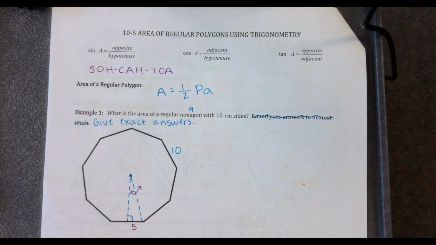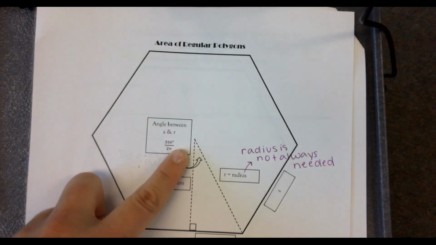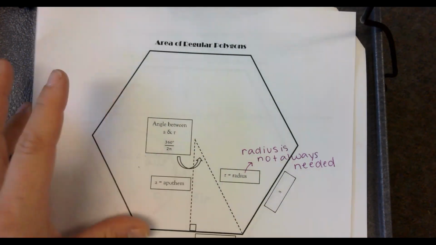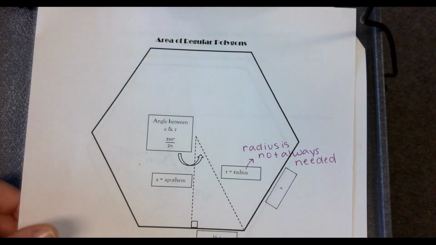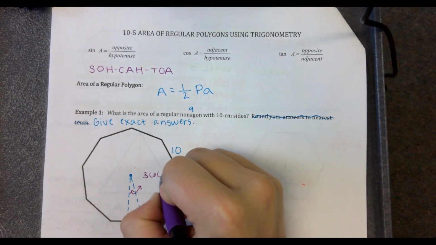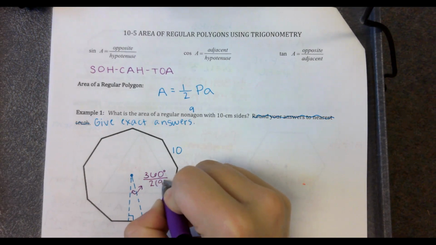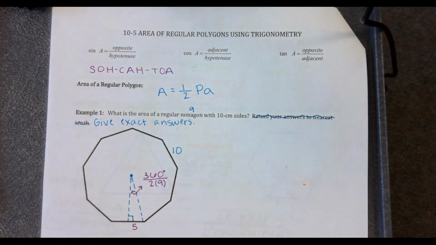So remember, anytime in a regular polygon we're looking for the missing angle here, we're doing 360 divided by 2n. Okay, so I have 360 divided by 2 times 9, because remember we said a nonagon has 9 sides.